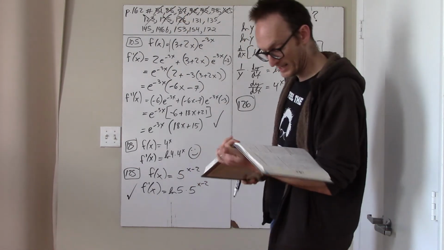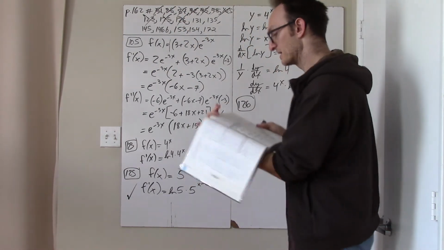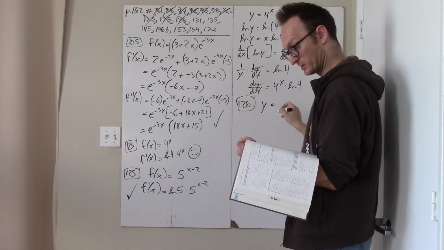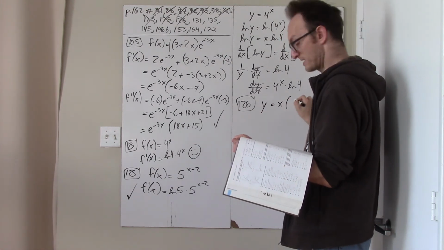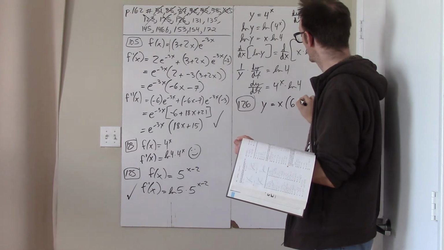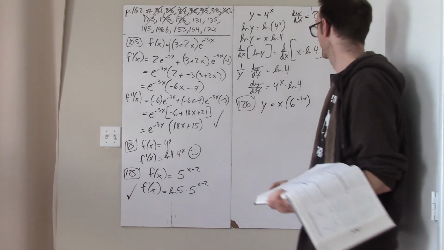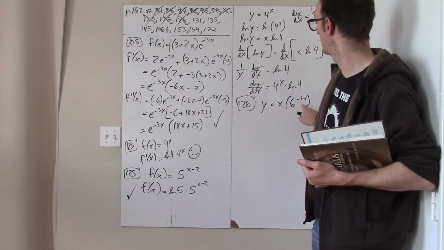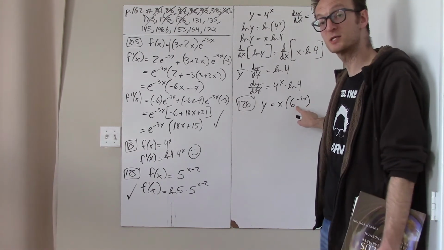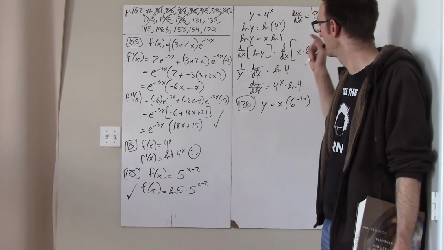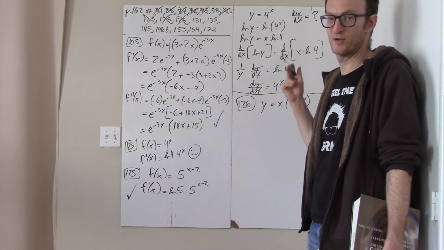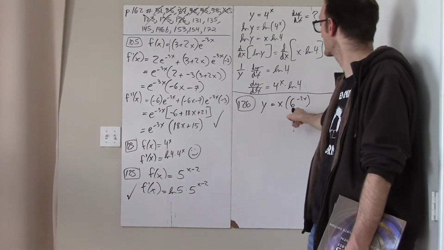126. This is a bit of a drag. y equals x times 6 to the negative 2x. Okay. Well, this is why I think it's useful: I'm going to take the above derivation as a proof of a general rule for differentiating 6 to the something.